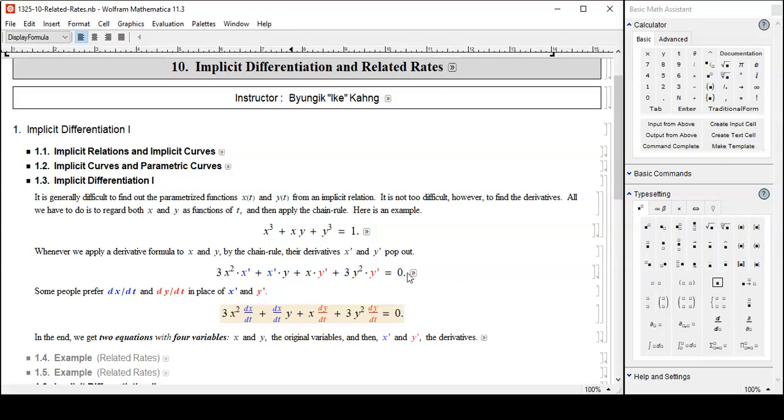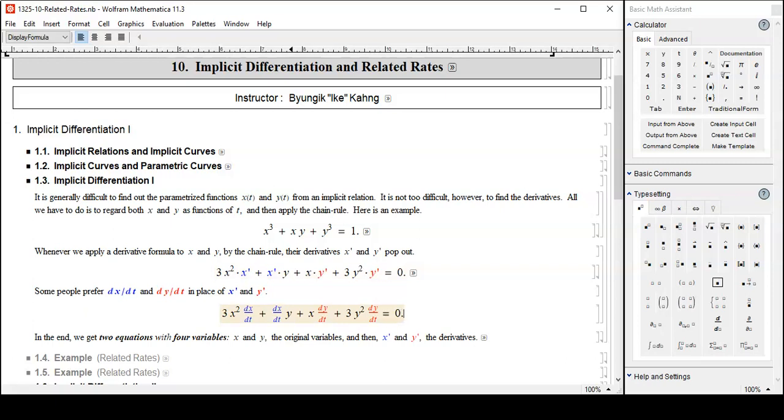In any case, remember this. Whenever you apply the derivative rule to x, x prime pops up. Whenever you apply the derivative rule to y, you get y prime. And of course, you can use dx dt and dy dt respectively, if you prefer.